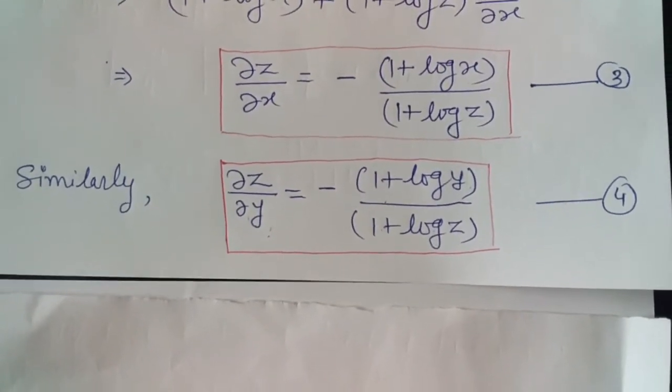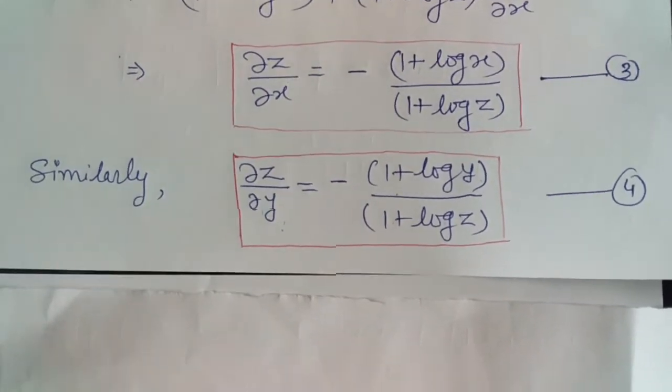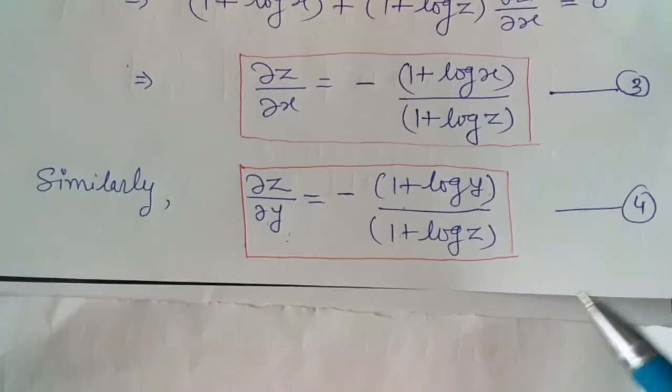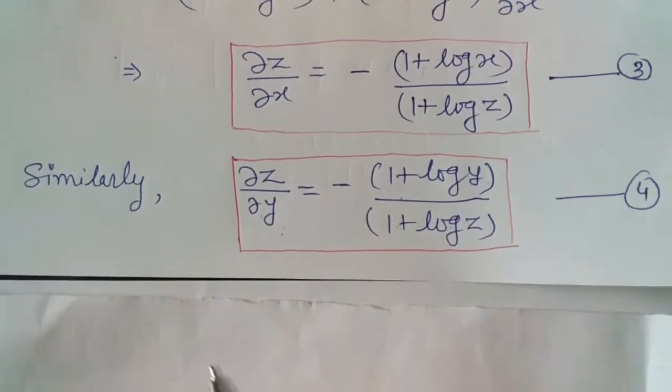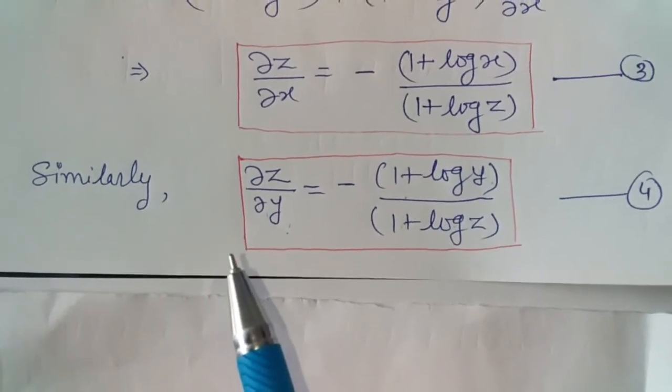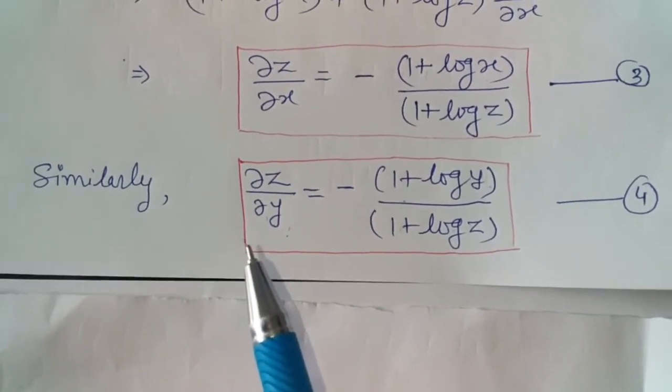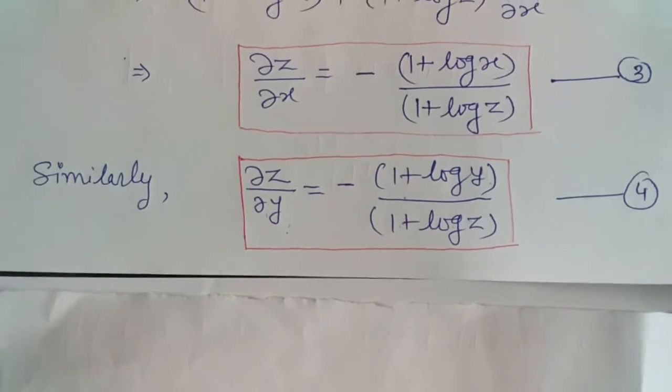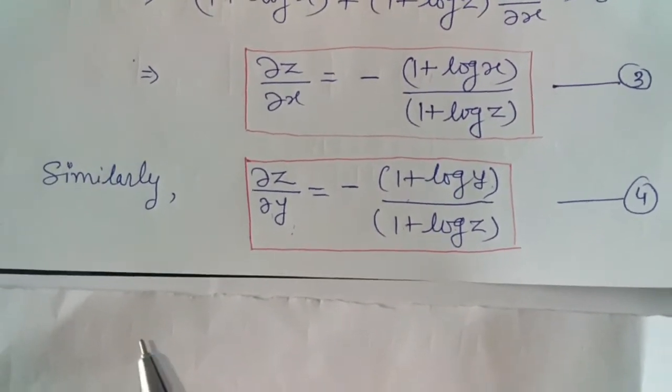Now as we have to find the second order partial derivative of z with respect to x and y, that is we have to find del 2z by del x del y.